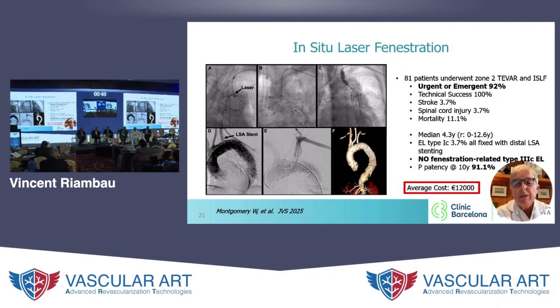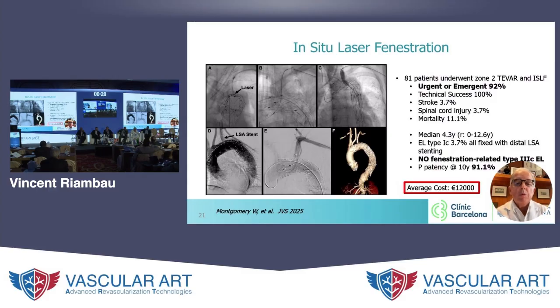And then with a nice patency rate, with very low stroke and spinal cord prevalence and mortality, considering it's an urgent emergent repair. The patency at 10 years is about 91%, so a high patency rate.